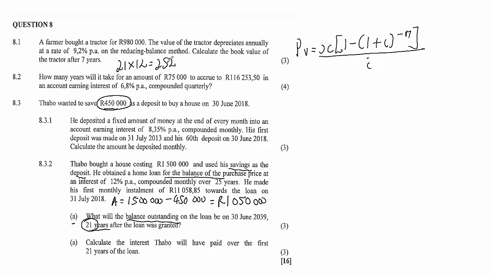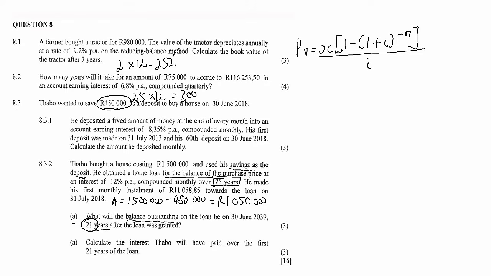Now that means 252 payments have already been made, right? And then this loan must be covered over a period of 25 years. Now 25 multiplied by 12 means all in all, the number of payments that need to be made is 300, right?